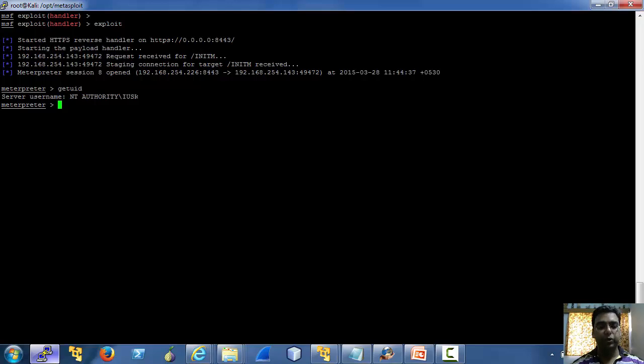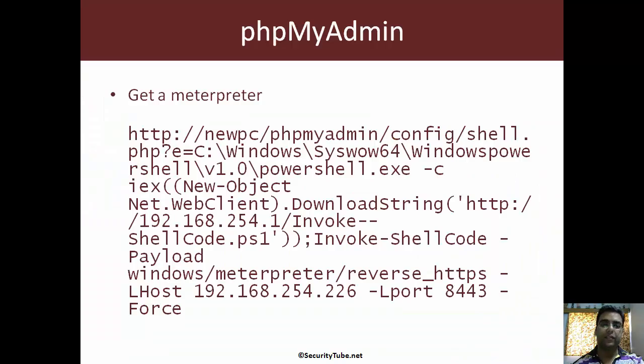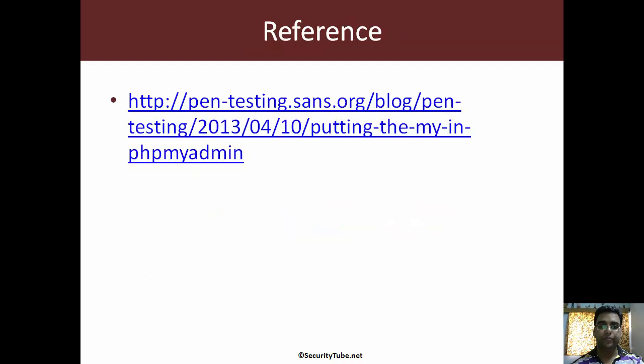Now it is up to you to try different methods to escalate privileges from here or to try something else. That something else we will see in the next video. The technique has been referenced from this very useful blog post from the guys at Sense.